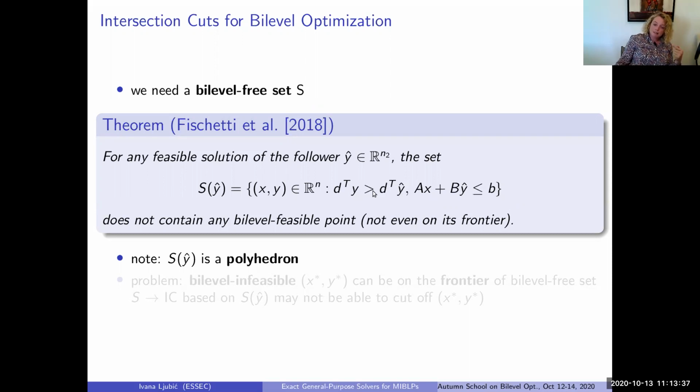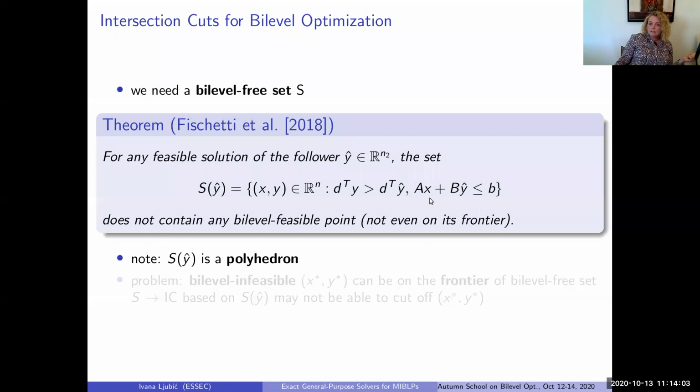Why? We are minimizing. So everything which is greater than this value certainly is not going to be a minimizer. So that's why we can safely conclude that the set here, which is clearly convex because it's a combination of linear inequalities, this set doesn't contain any bilevel feasible point.